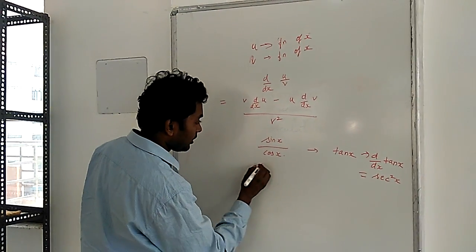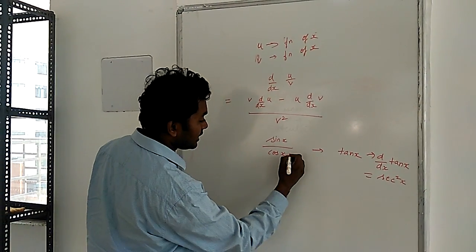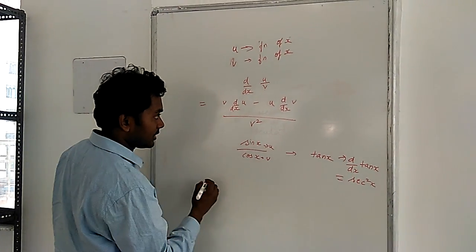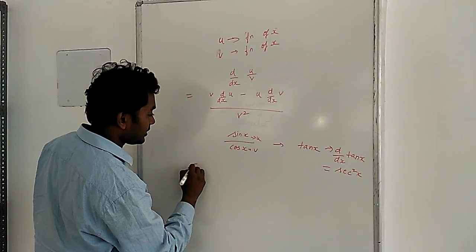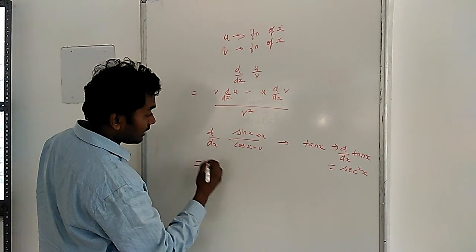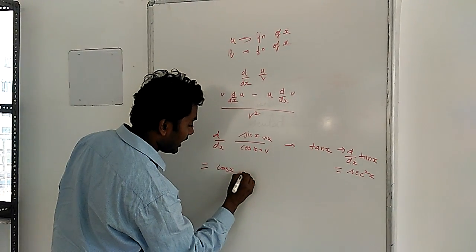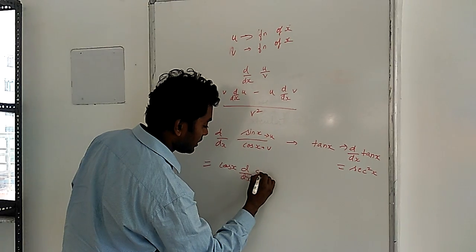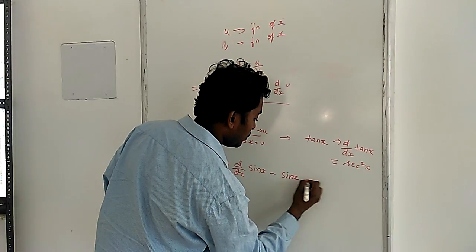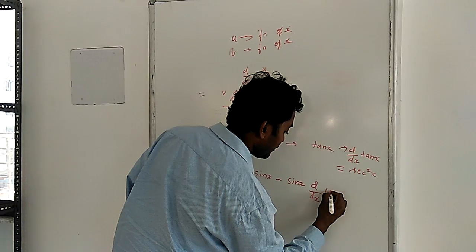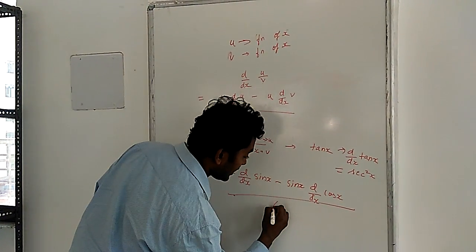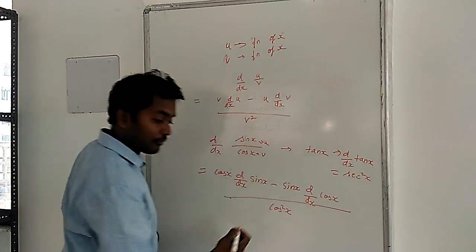Now let's apply. v in this case is cos x and u is sin x. So the formula says d by dx of this term will be v, that is cos x, into derivative of sin x, minus sin x into derivative of cos x, upon the denominator, that is cos square x.